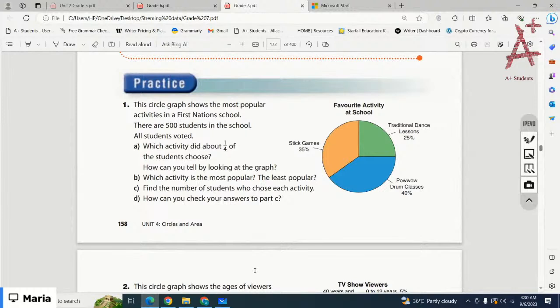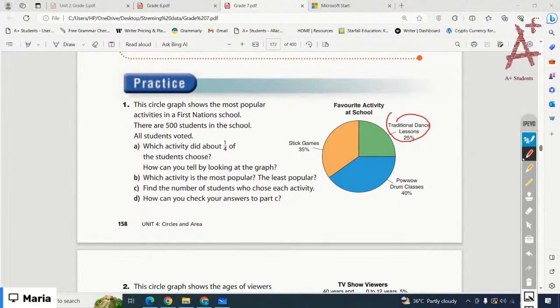There are 500 students in the school. All students voted. Which activity did about one fourth of the students choose? Okay, one fourth means 25%, right? So 25% of the students are doing traditional dance lessons, right? That means one fourth of the students are doing traditional dance lessons.